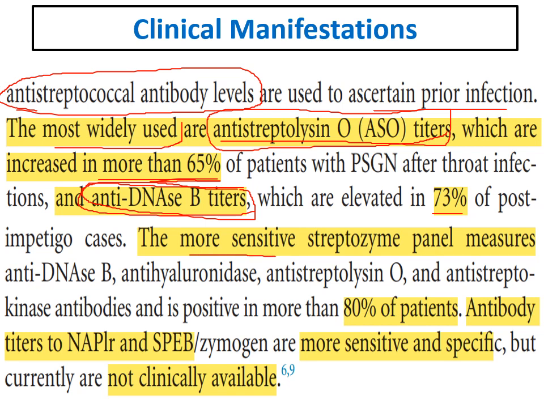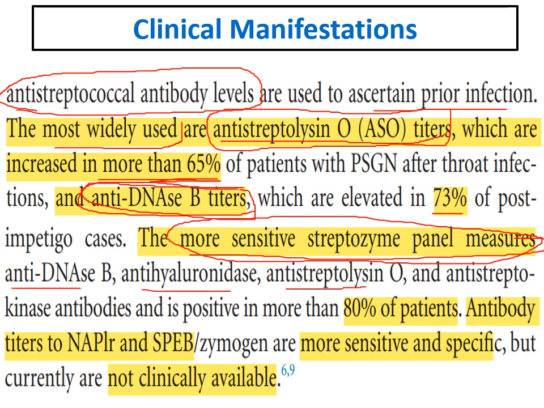We can use the more sensitive streptozyme panel, which measures anti-DNase, anti-hyaluronidase, anti-streptolysin O titer, and anti-streptokinase antibodies, which will be positive in more than 80% of cases, so it is much more sensitive.